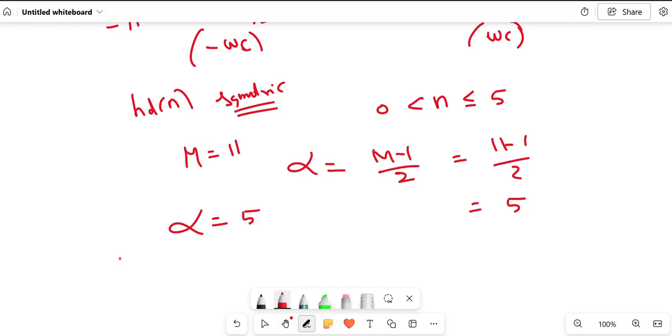So now calculate for the rectangular window, Hamming window, and Hanning window, and you can code it using Scilab also and submit as an assignment. This is an assignment problem for you.